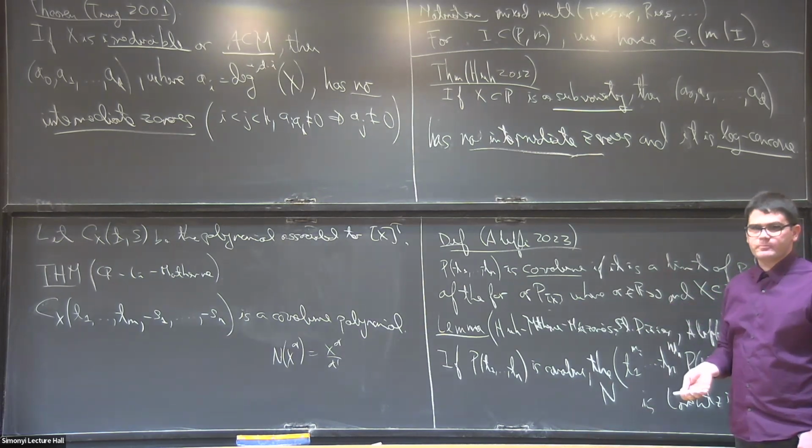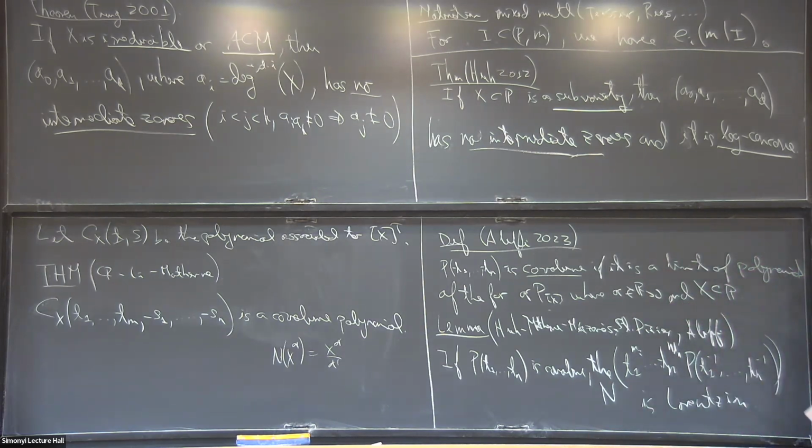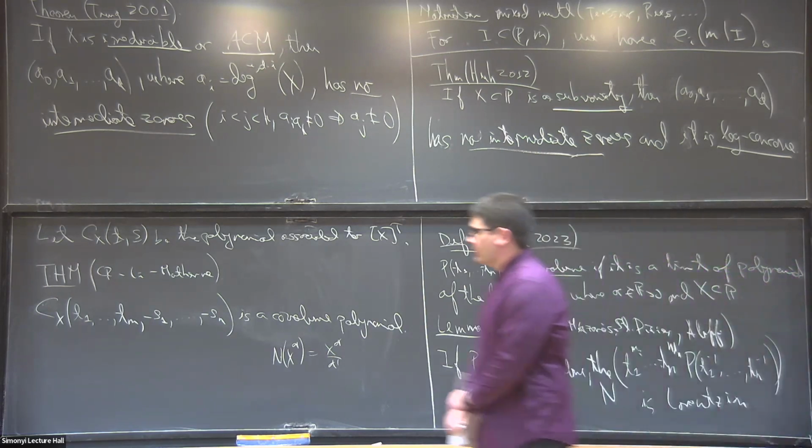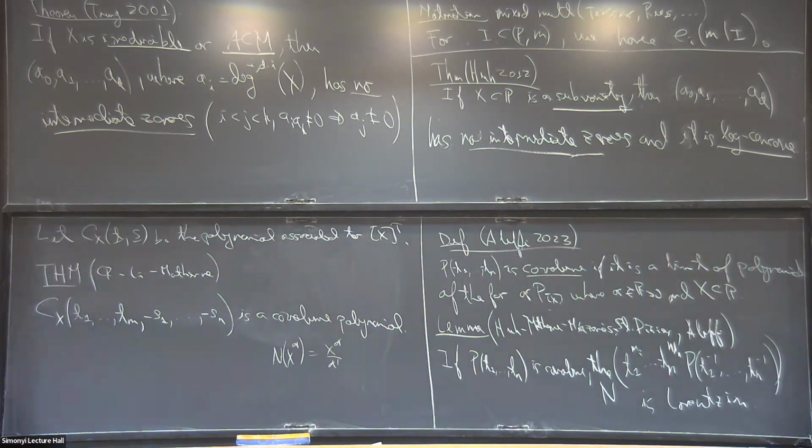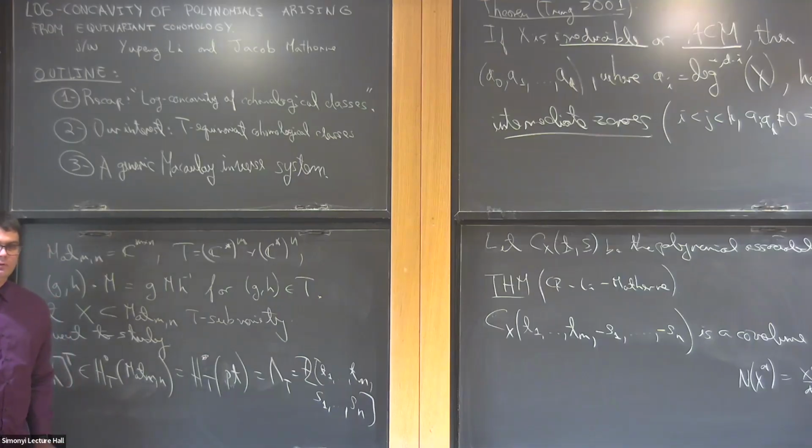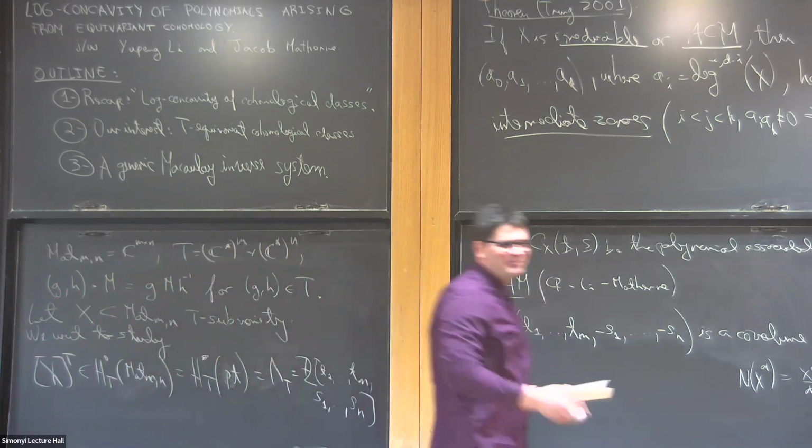So this is the cohomology ring of just one point. I'm following the notation of the Anderson–Fulton textbook. I don't know if it's a standard notation.